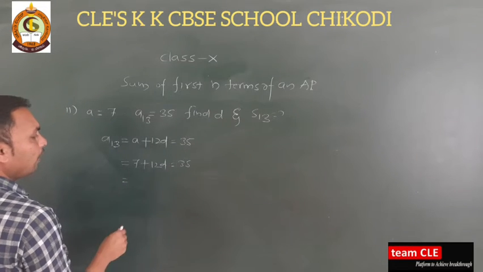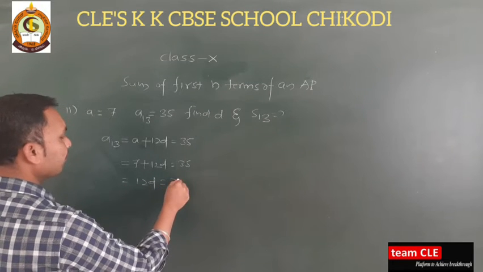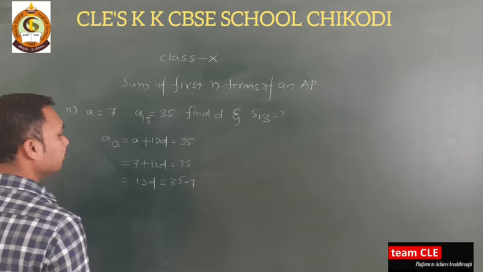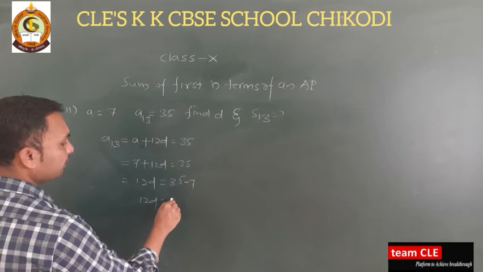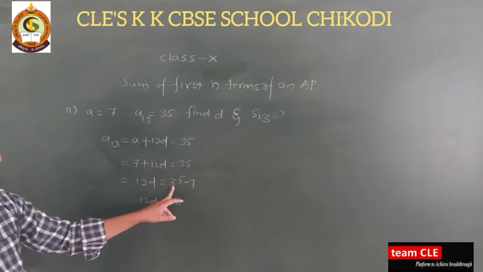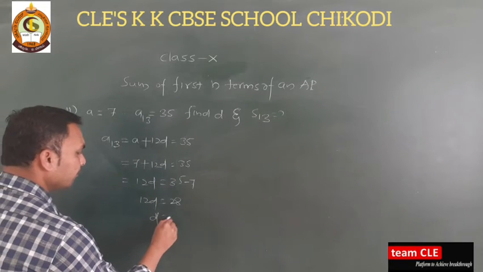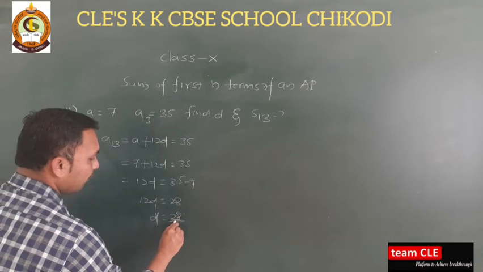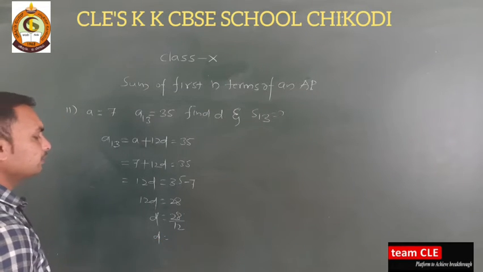Now 12d is equal to 35 minus 7, which is 28, isn't it? Now d is equal to 28 by 12. So d is equal to 7 by 3.